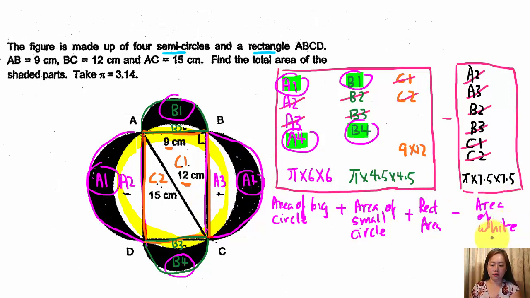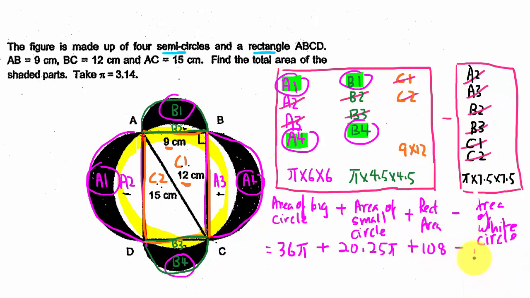Let's call it white circle or unshaded circle, okay? So which is equals to 36 pi plus 20.25 pi plus 108 minus 112.5 pi, which is equal to 108 cm squared.